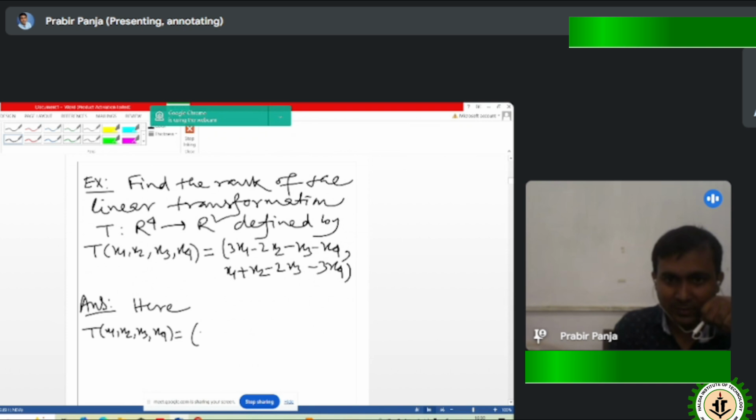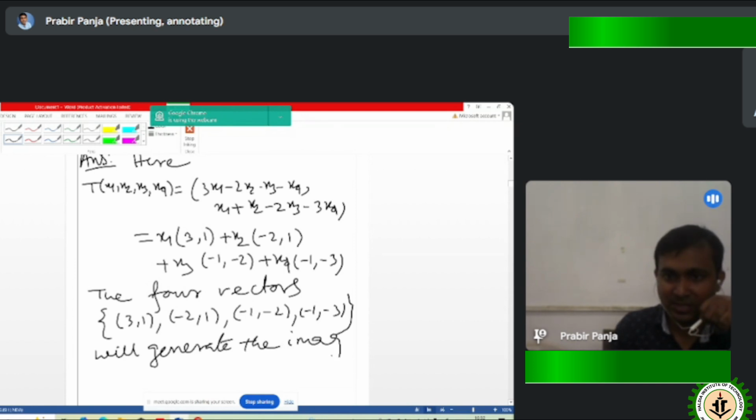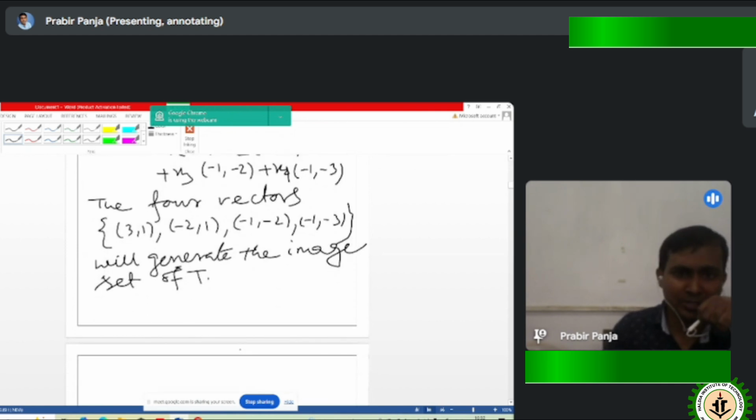So we can see that these four vectors, (3,1), (-2,1), (-1,-2) and (-1,-3), will generate the image set of T. Now we have to find out how many of them are linearly independent.